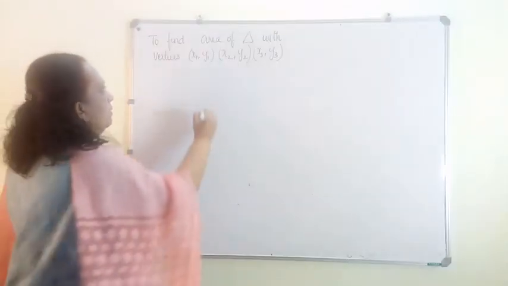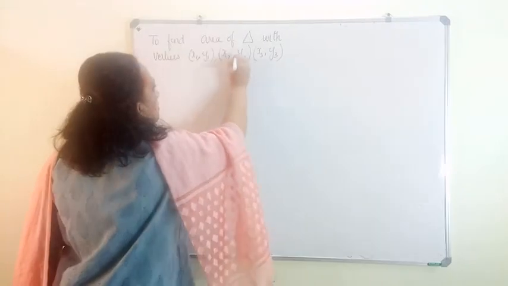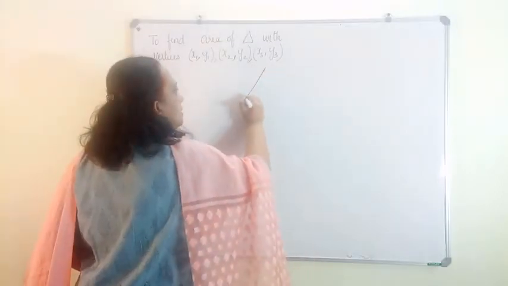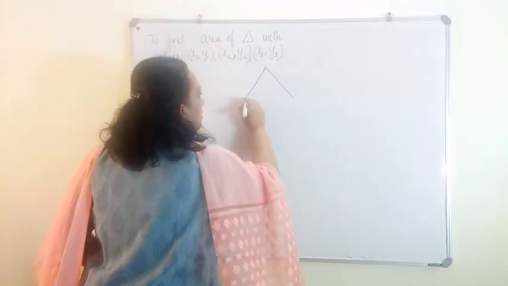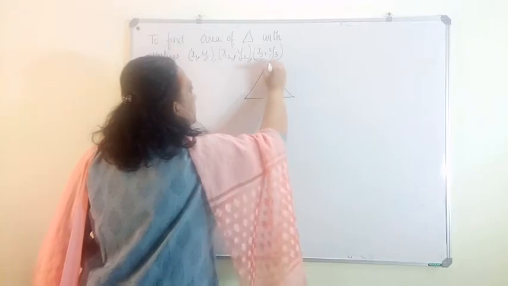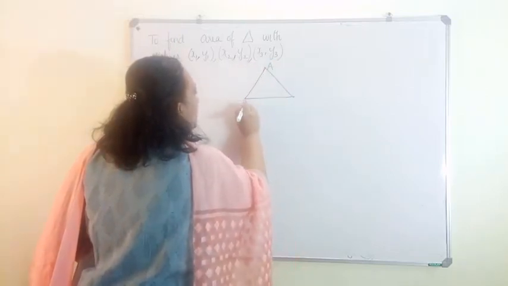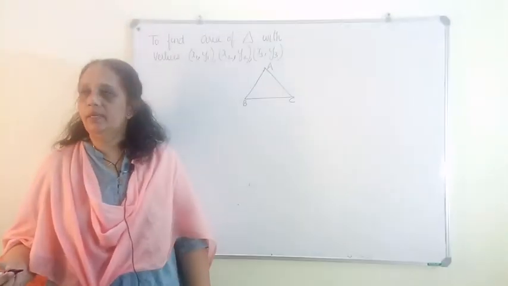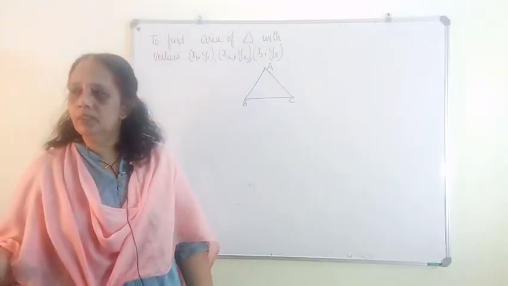What is the application of determinant? To find the area of the triangle. Now let us consider a triangle. A triangle means three non-collinear points. What are collinear points?